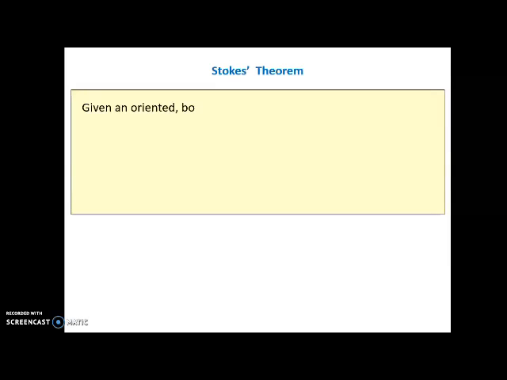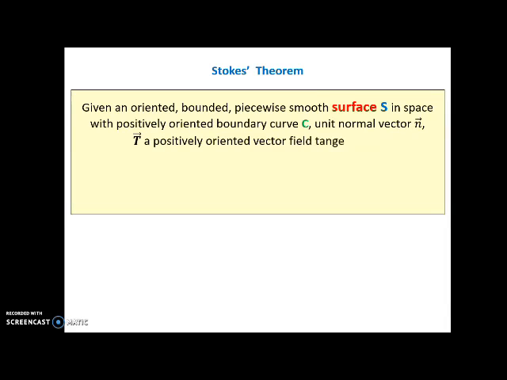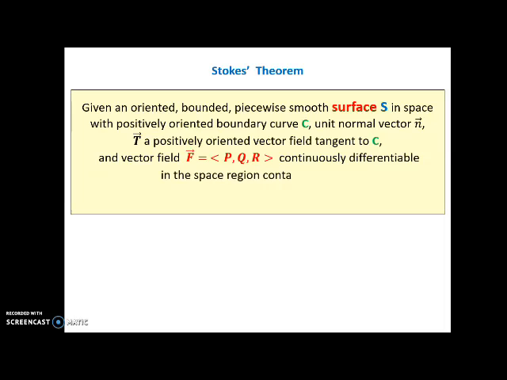So Stokes' theorem says, given an oriented, bounded, piecewise smooth surface S in space with positively oriented boundary curve C, unit normal vector n, T a positively oriented vector field tangent to C, and vector field F equal to P, Q, R, three components this time, continuously differentiable in the space region containing S, then the line integral F dot T ds is equivalent to the double integral of the curl of F dotted with n dS.